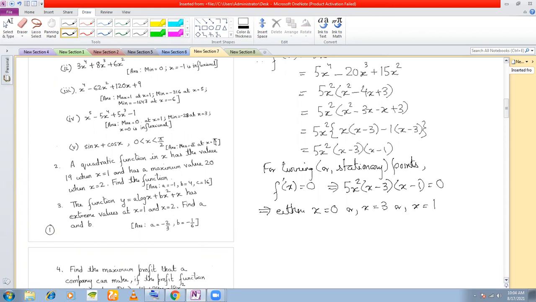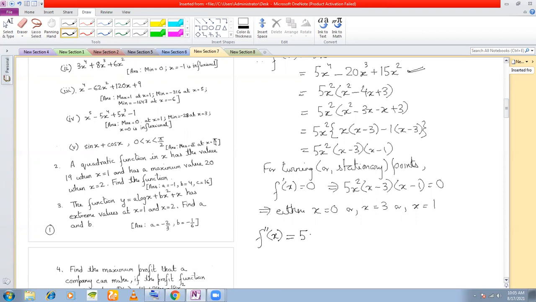So at each point we are going to check what is the sign of the second derivative. Okay, so let's start with 3. 0 we'll see later. Let's first find out the second derivative, f double dash x. So we are going to use this one here to find out the second derivative.